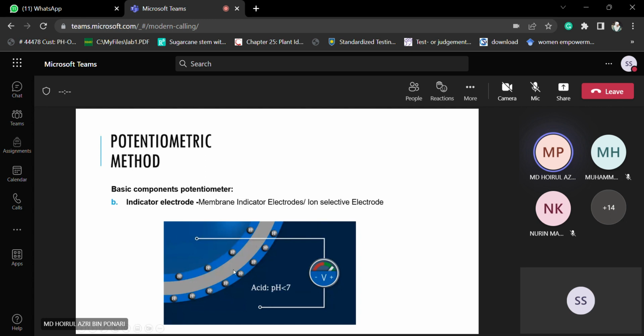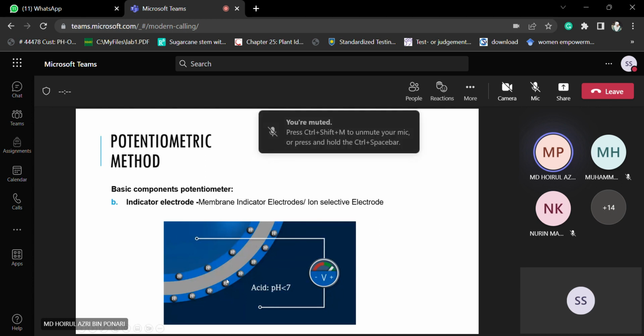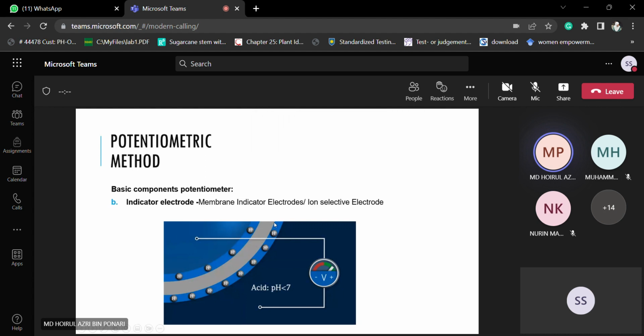So what will happen if the hydrogen ion dekat luar ni tinggi? The electrical current that can pass through this membrane adalah lebih tinggi. Bila dia lebih tinggi, kita detect dia sebagai pH dia rendah.